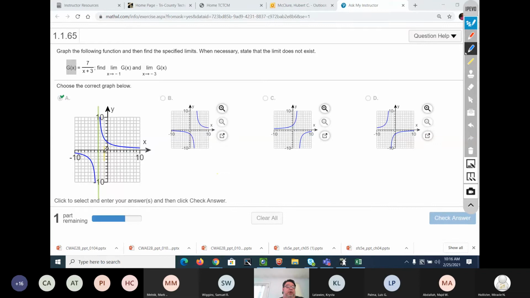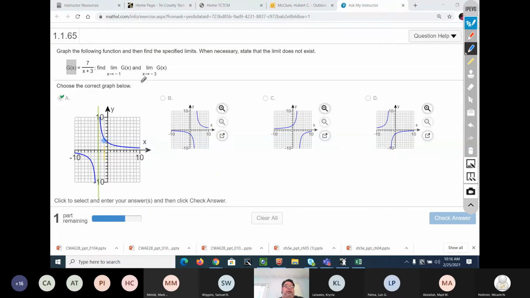Well, what's at negative 1? Looks like 3. But I'm going to put a dot right there because somewhere in there is negative 1. So g of x at negative 1, I'm coming up on, looks like somewhere around 2 to 3, somewhere in there.